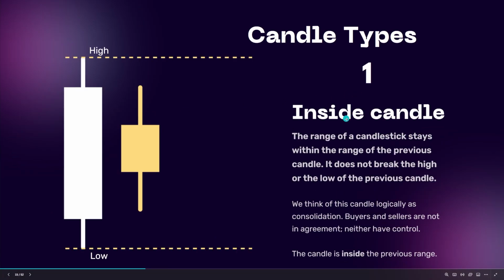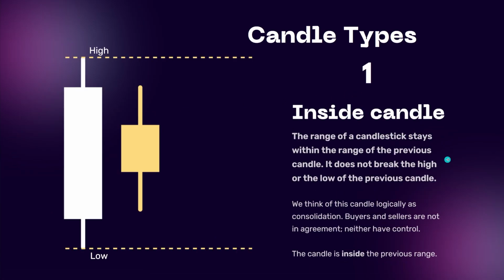Let's actually go through all the candle types in the Strat. Number 1 is an inside candle. Each candle, whatever time frame you are on, represents the movement of price within that amount of time.